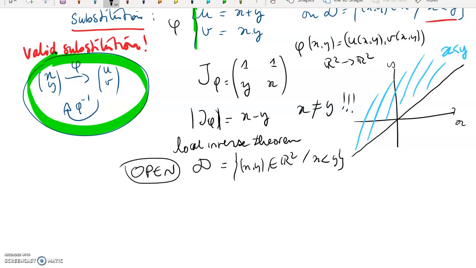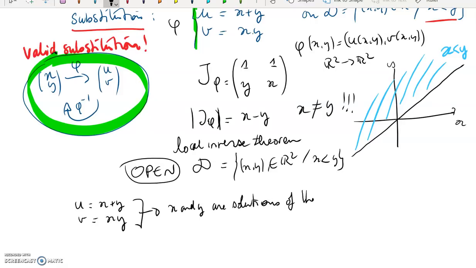Maybe that's going to remind you of something. We've got u is the sum x plus y, and v is the product xy. Maybe you remember that this means that x and y are roots of the polynomial given by, if I use a capital X, X squared minus uX plus v equal to 0.